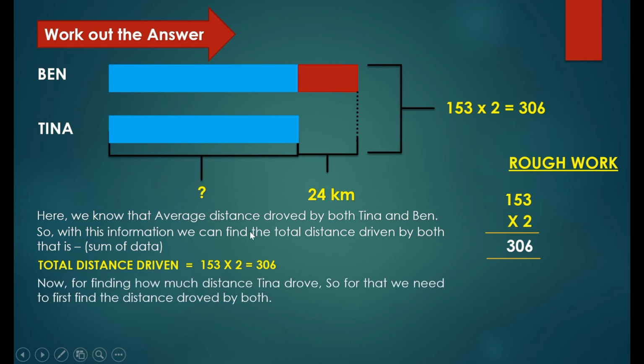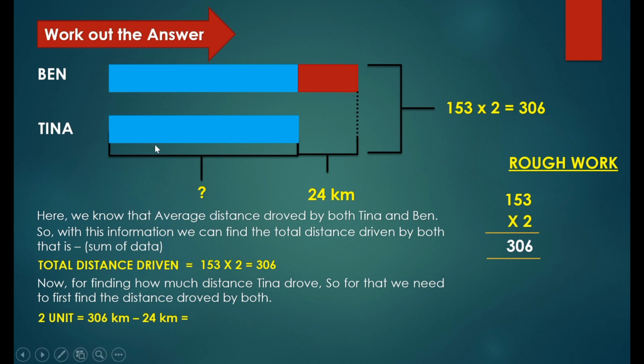Now for finding how much distance Tina drove, we first need the total distance driven by both. You have already got this answer, 306, that is driven by both. So you need to find how much Tina has driven. For the 2 units, you will get 306 kilometers subtracting 24 kilometers. Why are you subtracting?